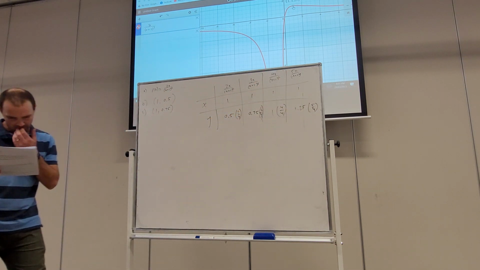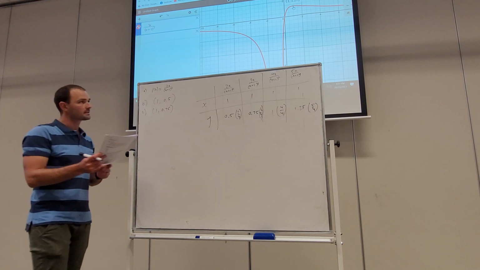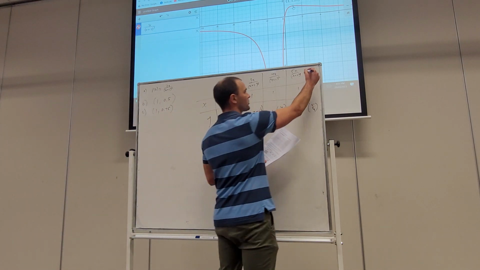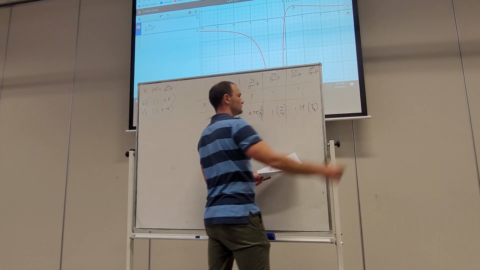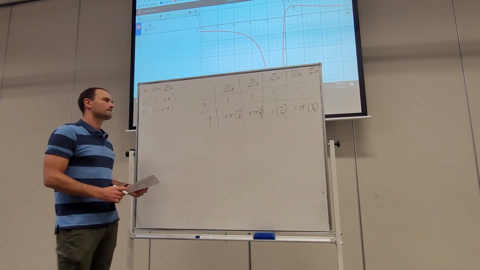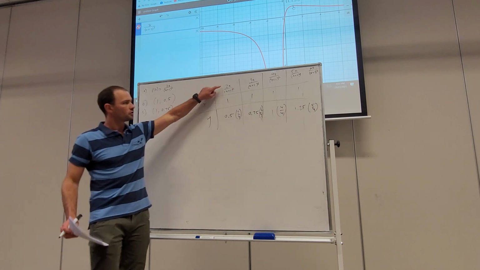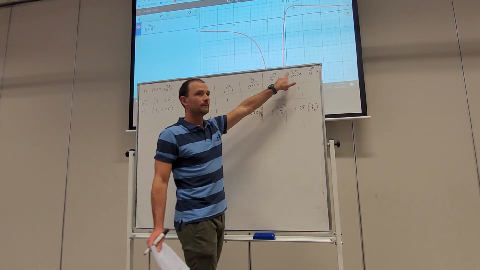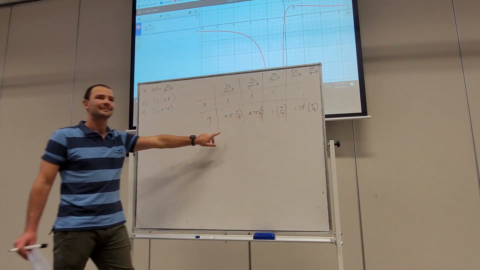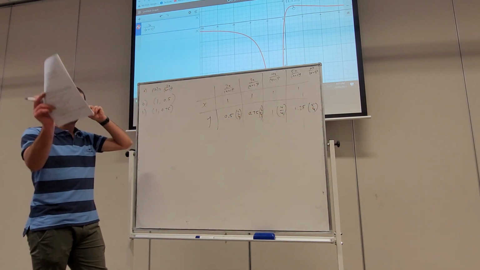Make a conjecture about the coordinates for the point AX. All right, so the new function is going to be AX on x plus 1 squared. All right, 2 on 4, 3 on 4, 4 on 4, 5 on 4.